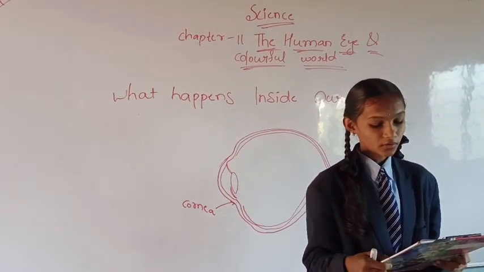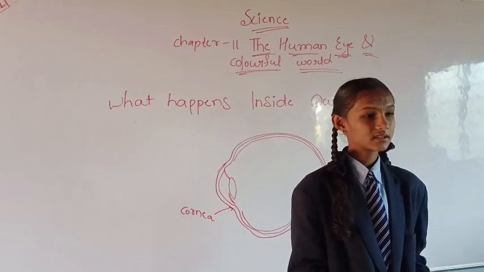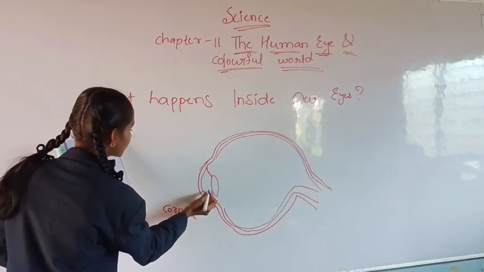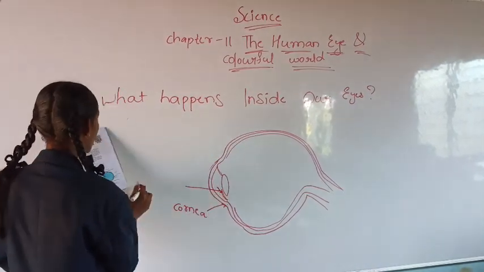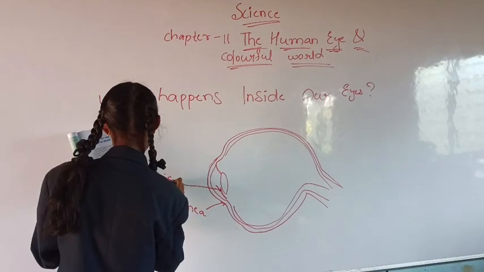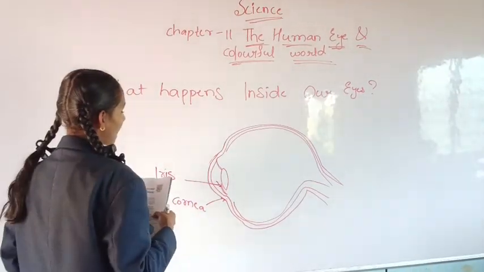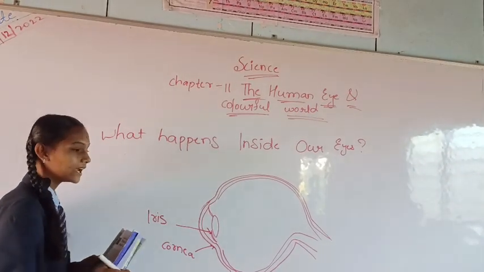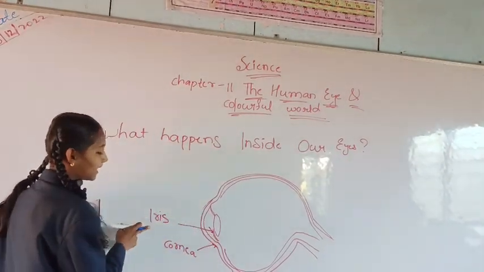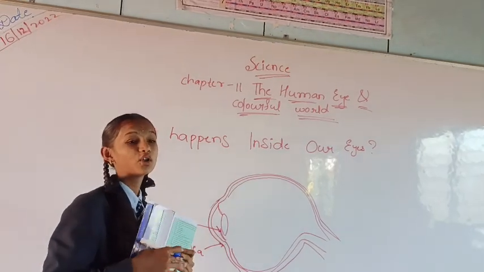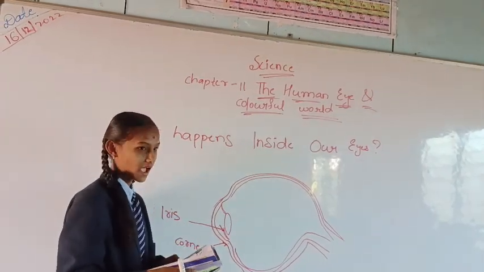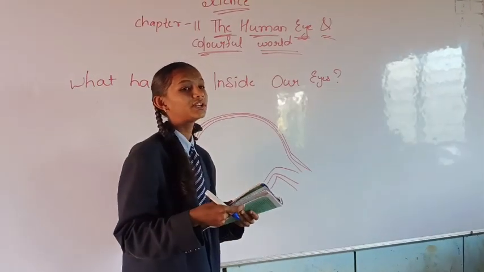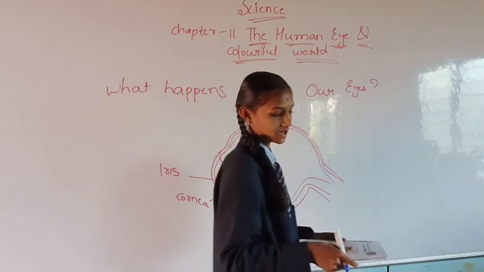After the cornea, the iris. The cornea is the window that allows the light to get inside the eye, and the iris decides what should be the amount of light that gets inside our eyes.